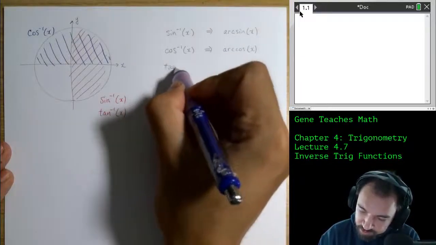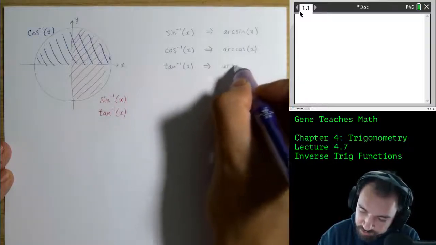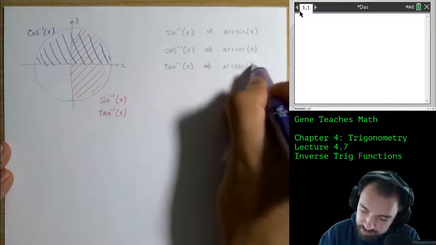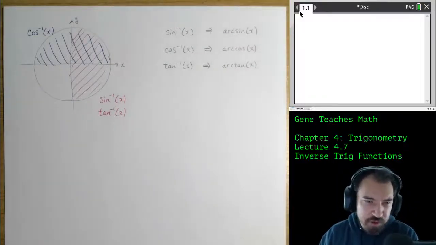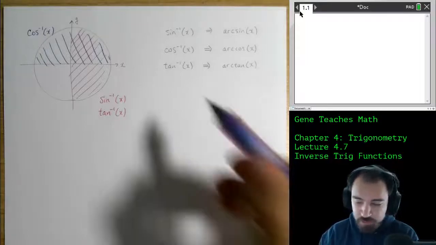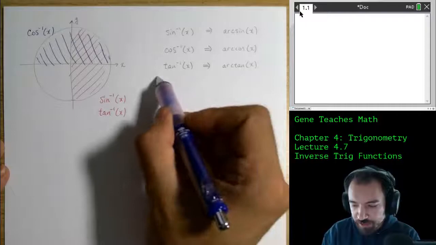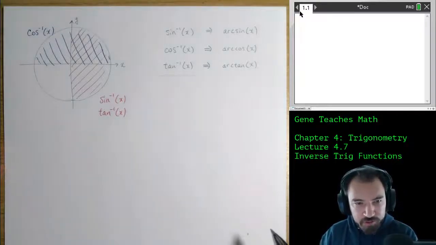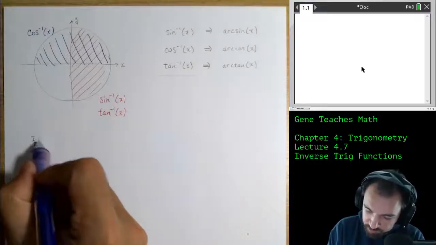And tangent inverse of x is the same thing as arc tan of x. There's sort of historical reasons why we use these, and there's sort of geographic differences in what people prefer. You'll see me use them interchangeably, but I tend to write these for the Precalculus course. So let us now evaluate some things.